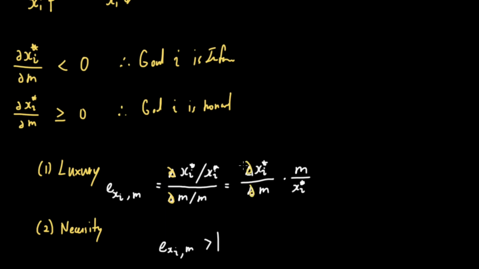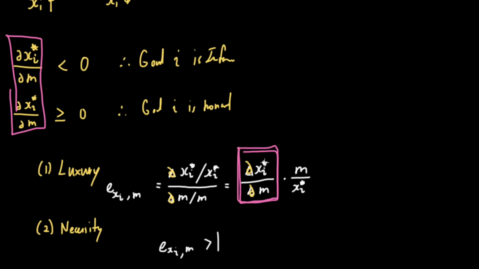In reality, this term here is actually the same as these terms here. And so, what we can say is that when the income elasticity of demand is greater than 0 or is positive, then the good is a normal good. But when the income elasticity of demand is negative, then the good is inferior. Because when this term right here becomes negative, then the elasticity will also automatically become negative.